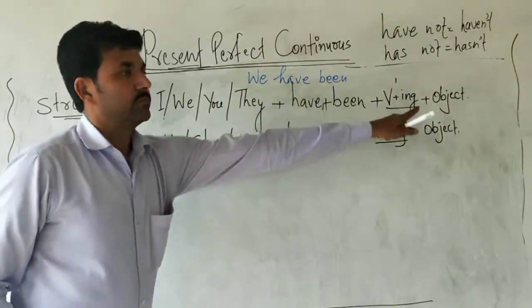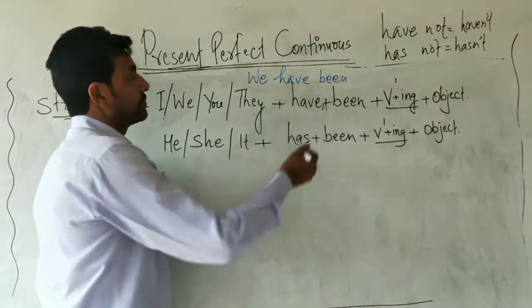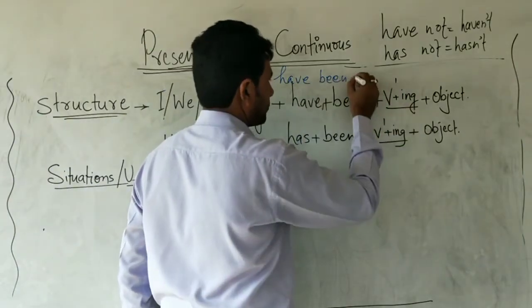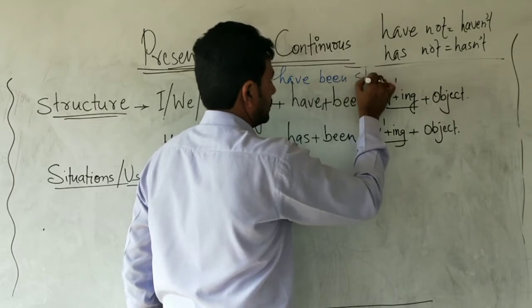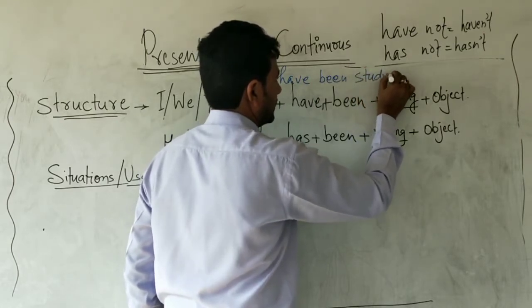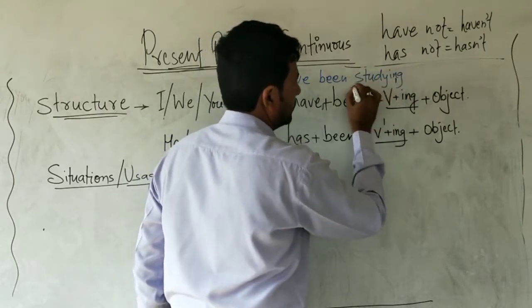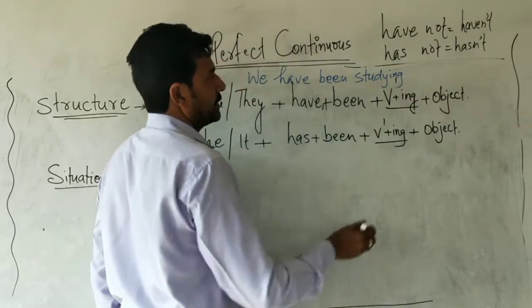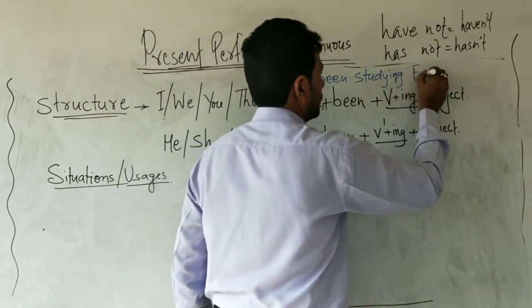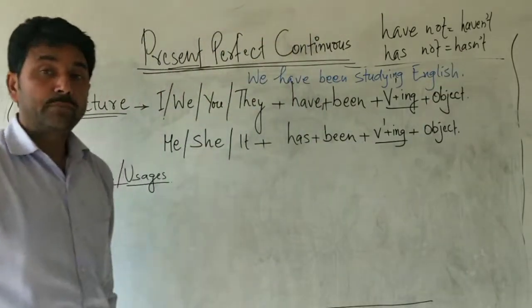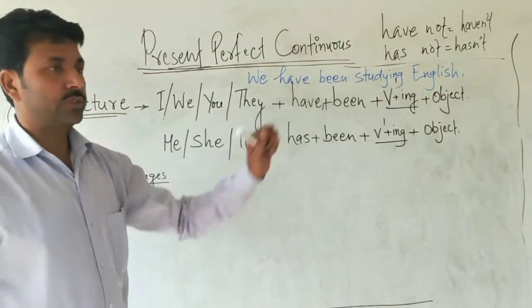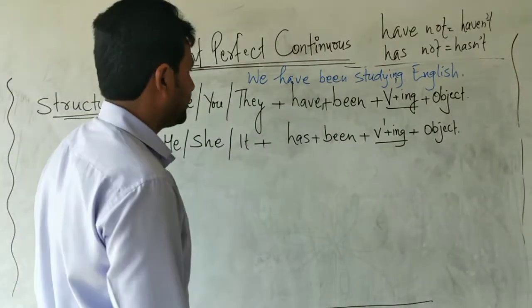After that, follow the structure. We have been studying. Study is the main verb plus ing. Studying English. Okay. We have been studying English. So this is a positive sentence, a statement.